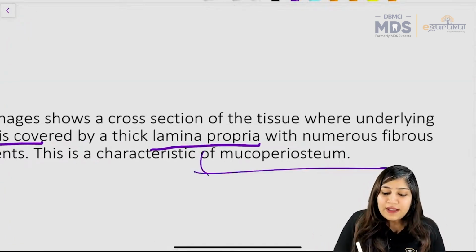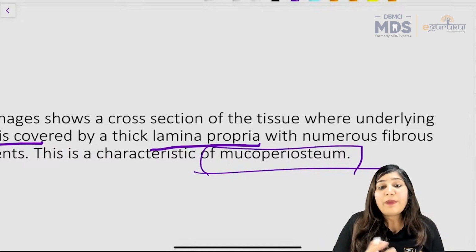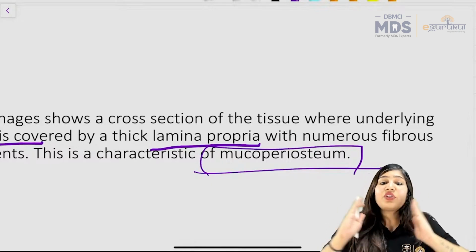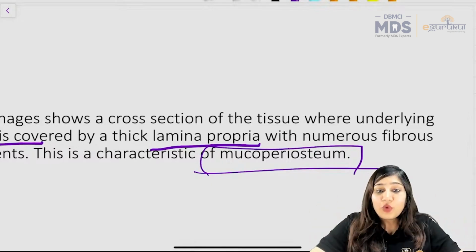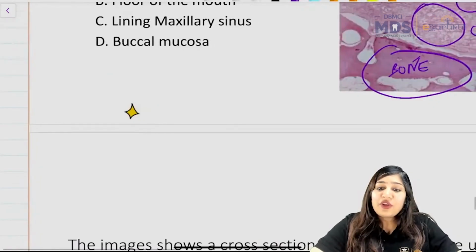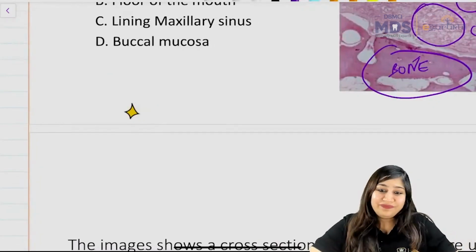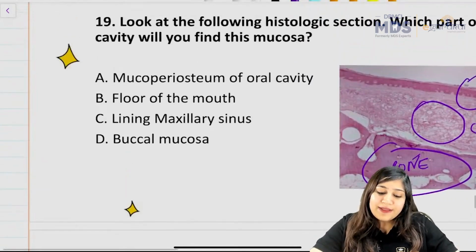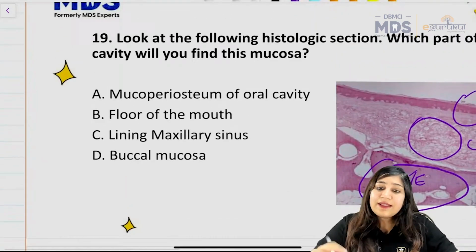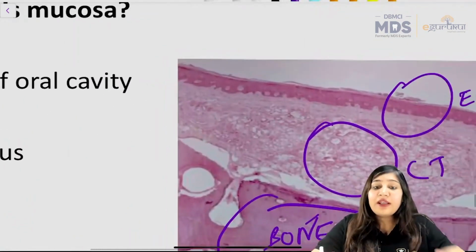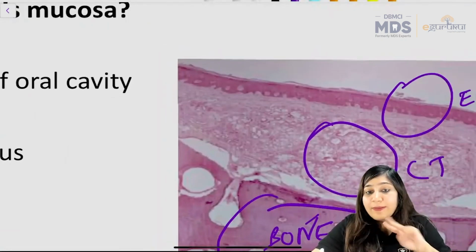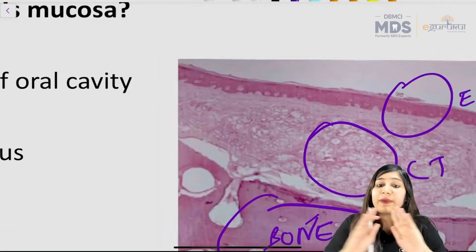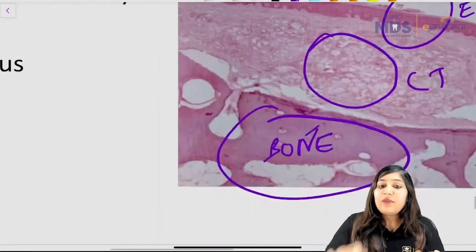This is basically a type of mucoperiosteum, where the connective tissue is directly bound to the underlying bone, such as in the hard palate. So in this diagram we can appreciate epithelium, connective tissue, and the connective tissue is covering the bone portion.